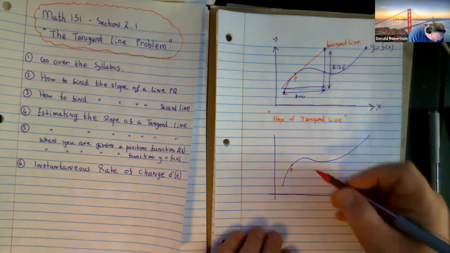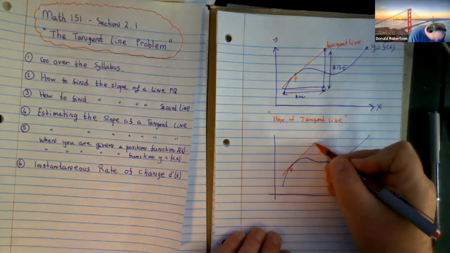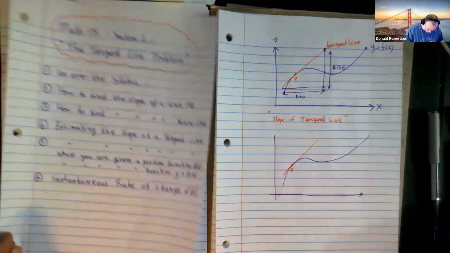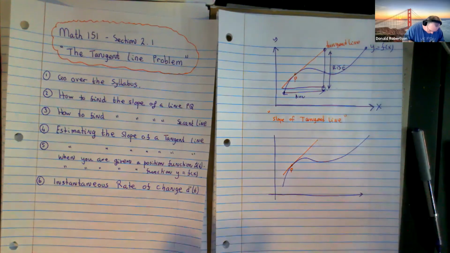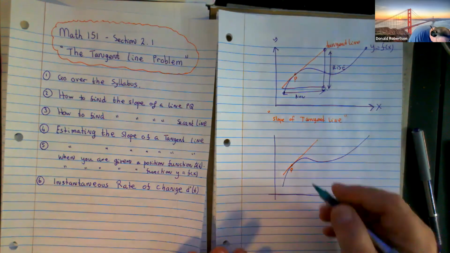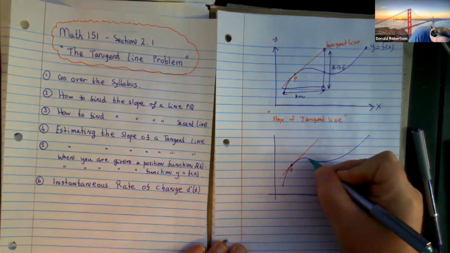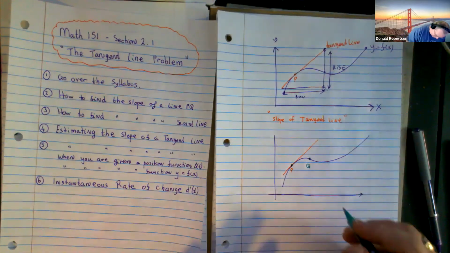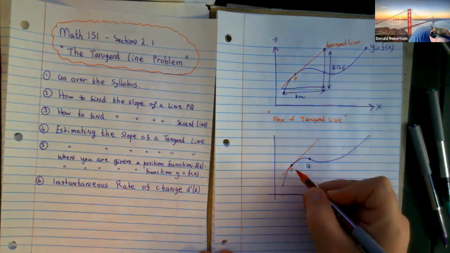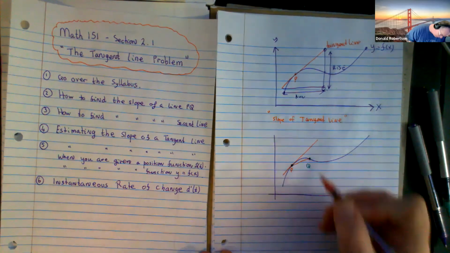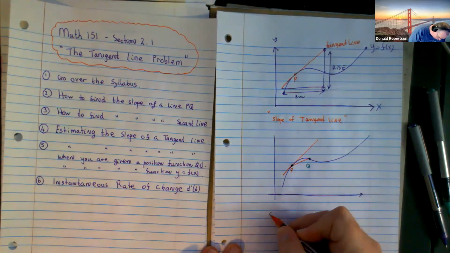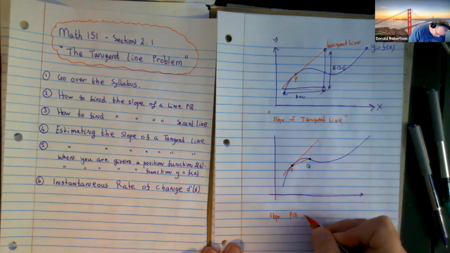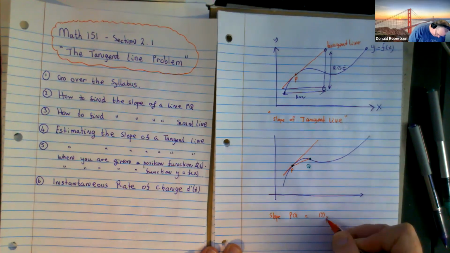That's the point we want the tangent line for, right? That little fella there. So for their second attempt, they said, okay, there's the point P. I'm going to pick another point over here called Q, and I'm going to join P to Q. And I'm going to find the slope of the line joining P to Q, and we call that MPQ.